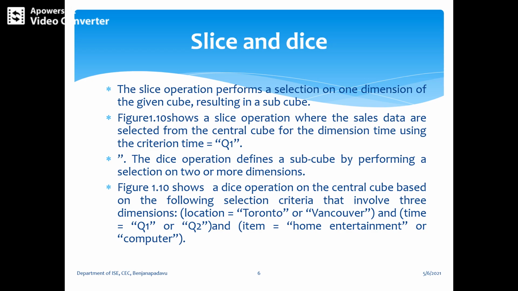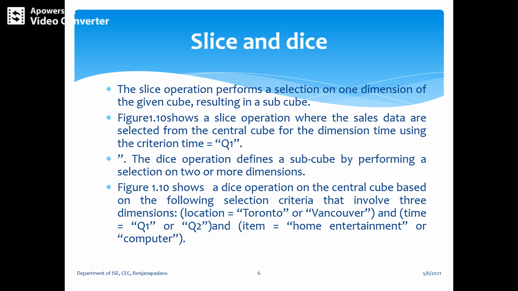Next, the dice. The dice operation defines a subcube by performing a selection on two or more dimensions. The difference is very simple: a slice has only one particular dimension, but a dice has two or more dimensions.